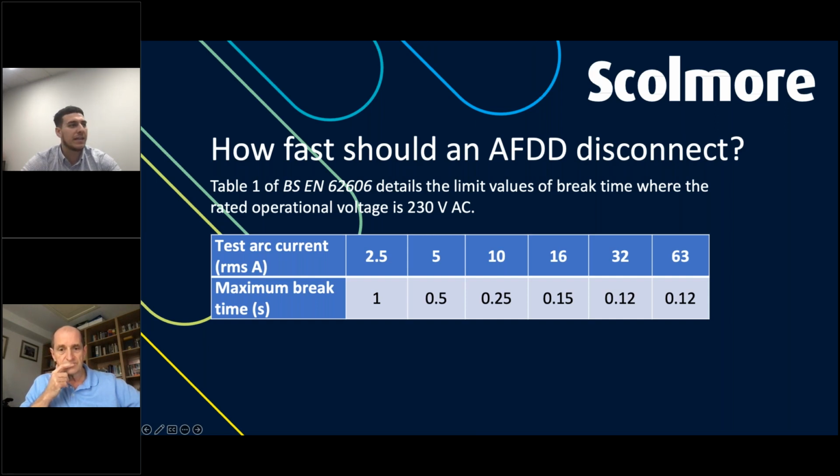Notice that we don't have anything less than 2.5 amps. The 62606 standard that Tim has been mentioning calls for a 2.5 amp current on this parameter. It's suggesting that 1 second is the time there, right up until that 63 amp, where it goes all the way down to 0.12.